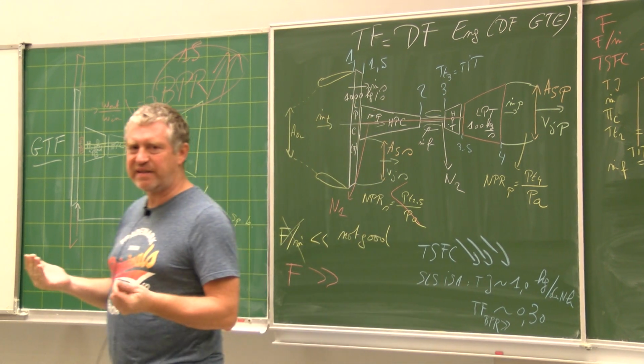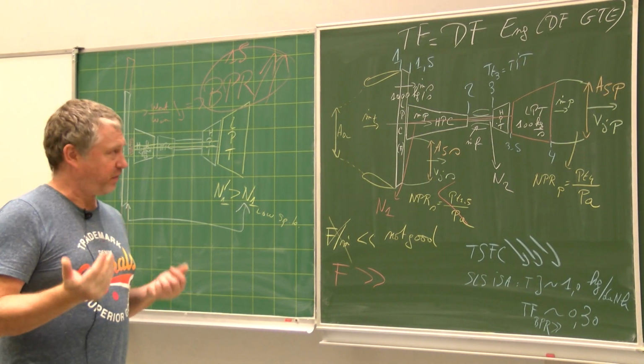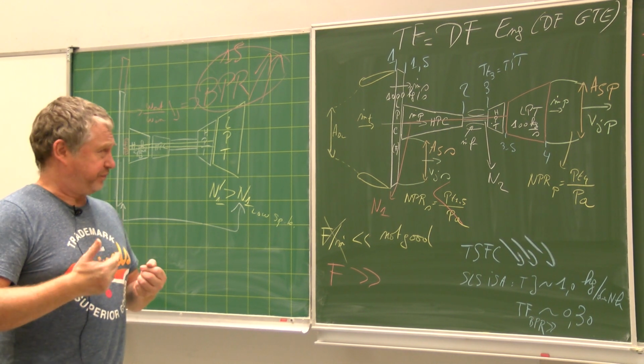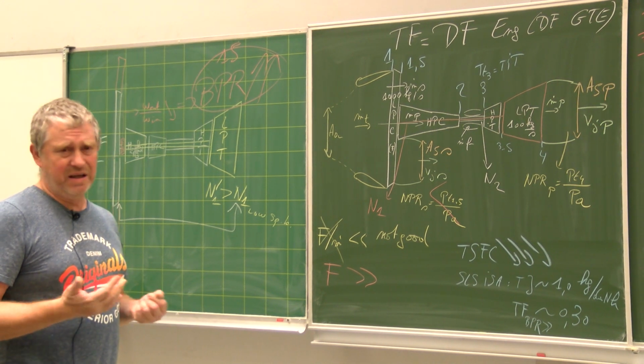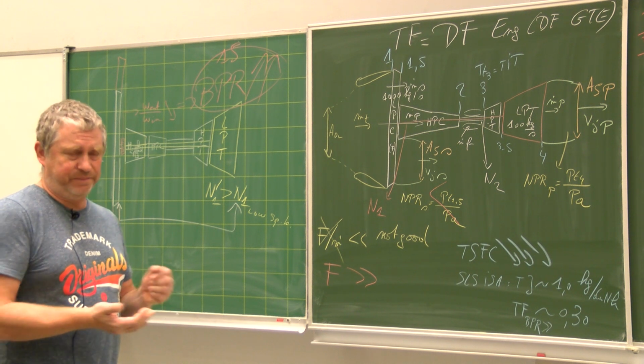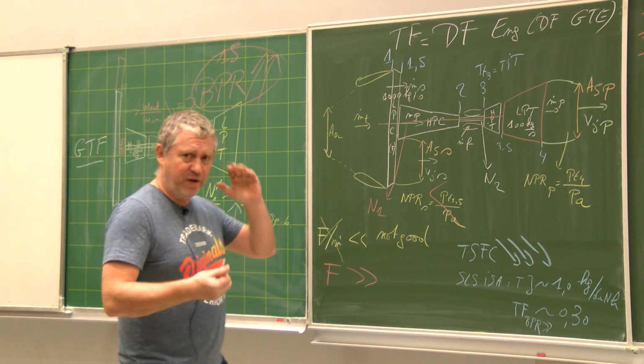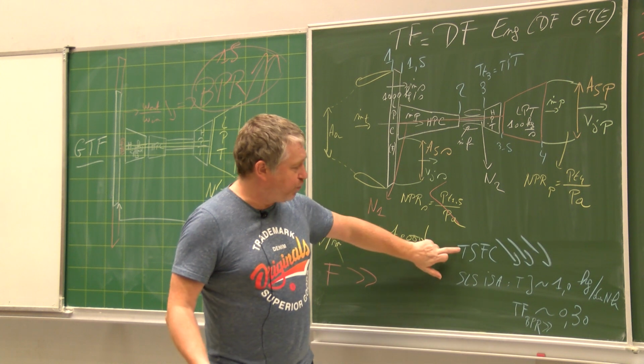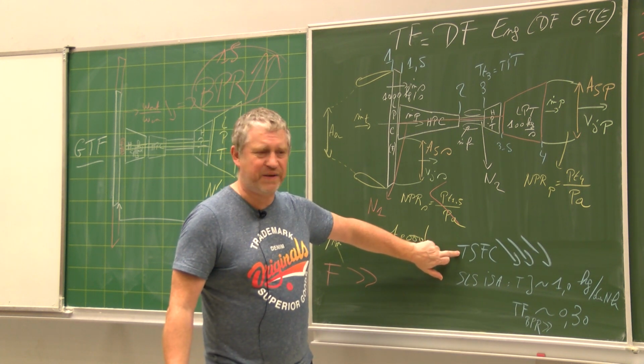And these are the 3 types of engines you can have with this double flow compressor, with this turbofan, with the objective always to decrease the TSFC.